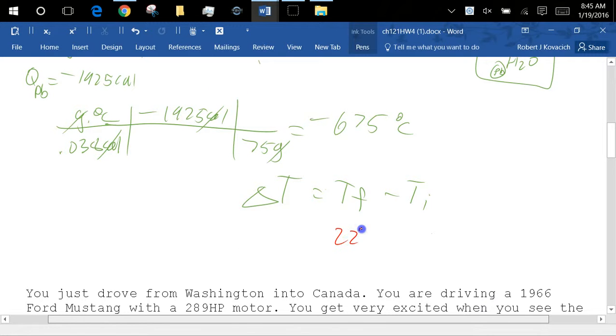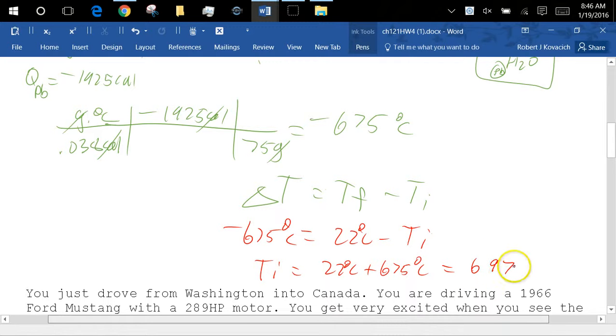I'm looking for the temperature initial, and the change is negative 675 degrees C. So I add temperature initial to both sides, and I add 675 to both sides. I get temperature initial is equal to 22 degrees Celsius plus 675 degrees C. And so what is that? 697 degrees C. Okay, so sig figs, how many do I get?